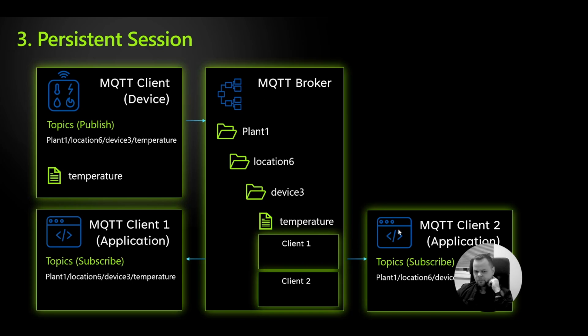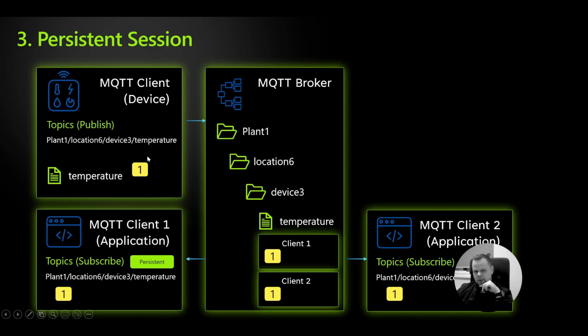The difference between those clients is basically in the subscription mechanism, how they want to subscribe to the broker. And this one is about how persistent the session is. In this case, one client is persistent and one is non-persistent. What it technically means, let's again see by example.